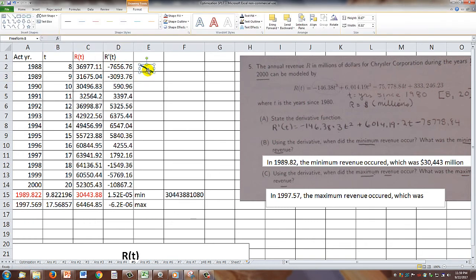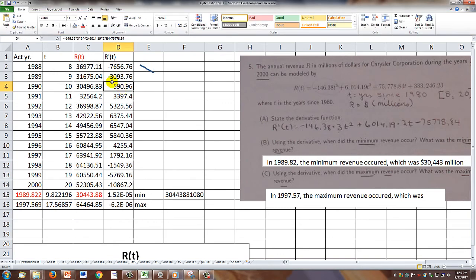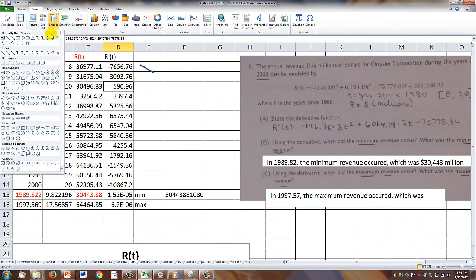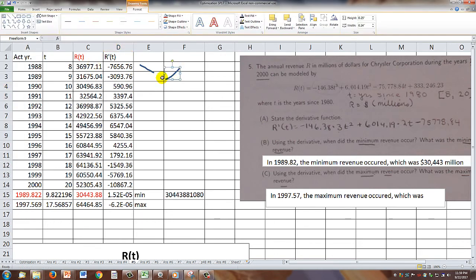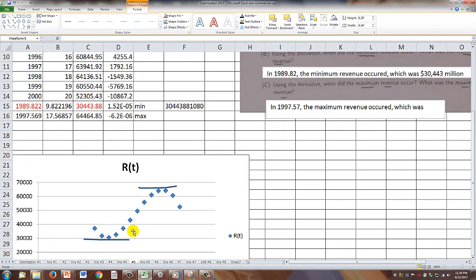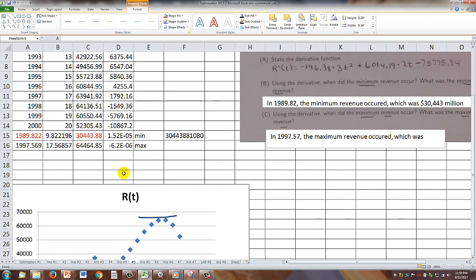And then when you get here, a positive derivative means you're looking at this kind of line. And so that's how you know that there's a minimum somewhere in there without looking at a graph. But I think the easiest thing to do is look at a graph, and then you can type in some guess numbers.